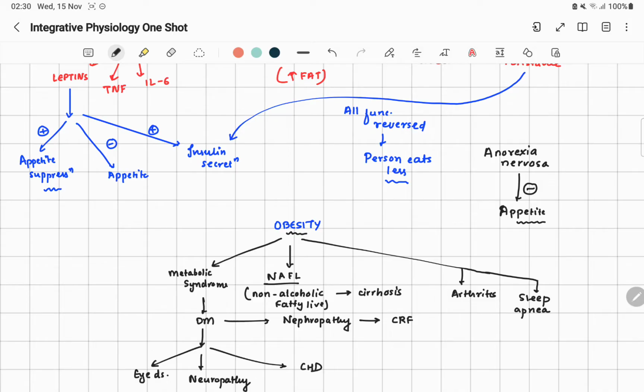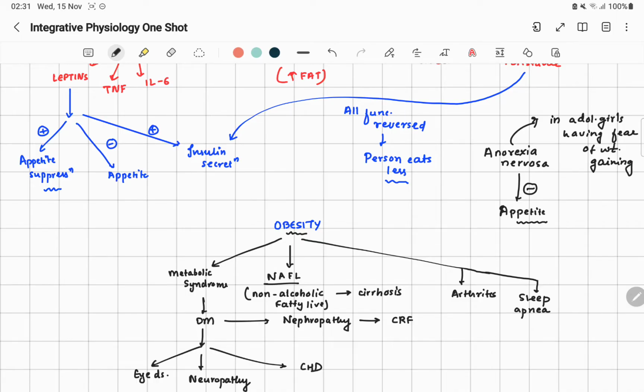It occurs in adolescent girls having fear of weight gaining.